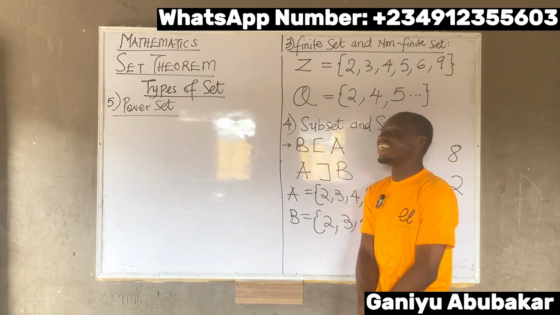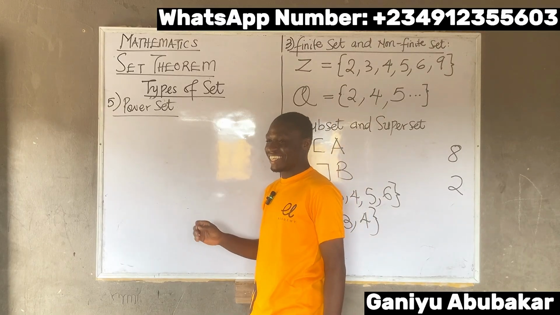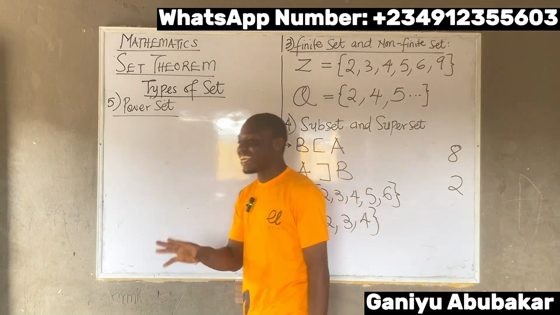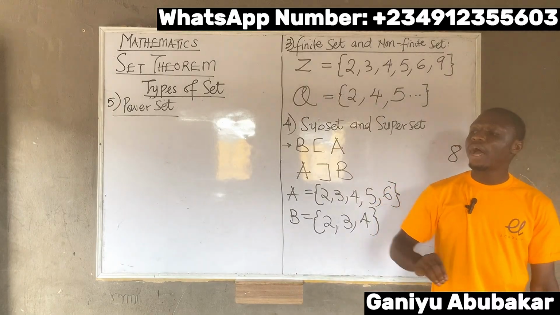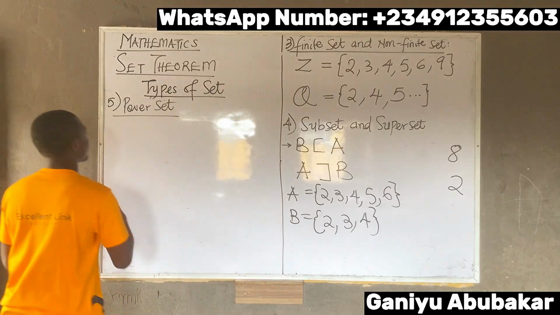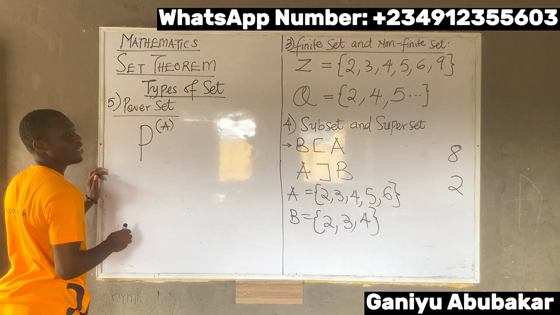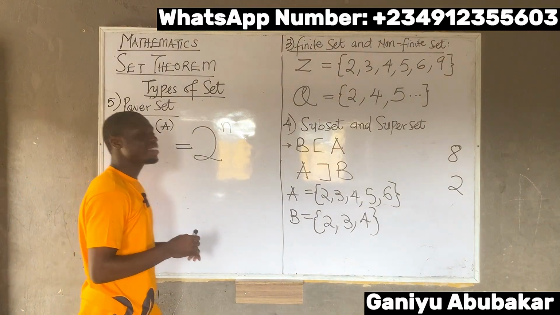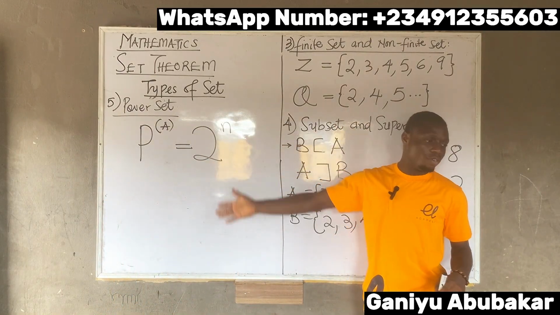Given a set A, the power set of A is written as this, please, on the board. The power set of A is written as this one here on the board.